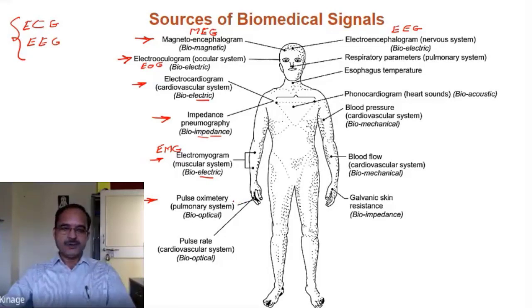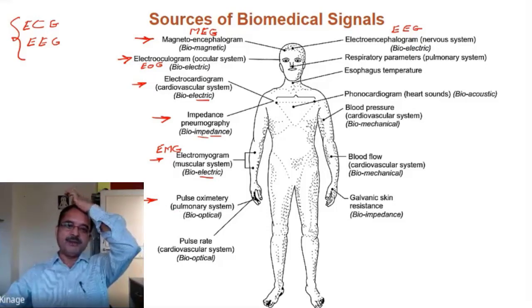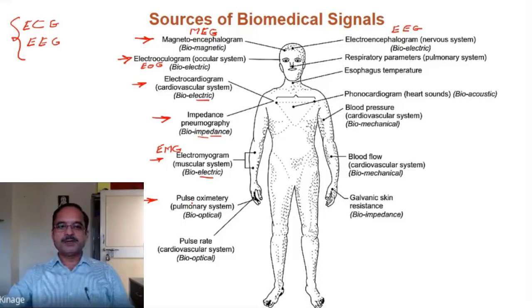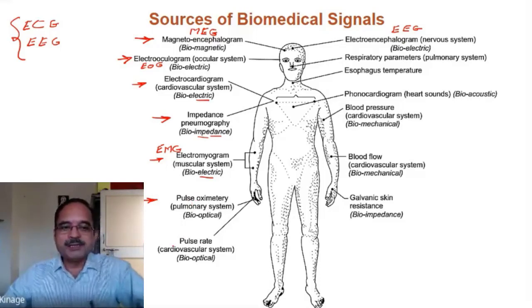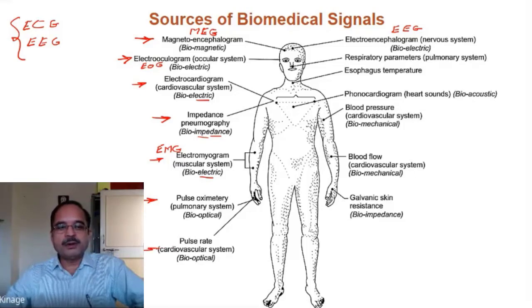This is what we do nowadays: we keep the thumb on that small instrument which emits certain lights, and from the reflected or scattered light, the heart rate or the oxygen content can be measured. So that is pulse oximetry. Again this is related to the cardiovascular system, and it is measured with the help of some light effect. That's why it is bio-optical.